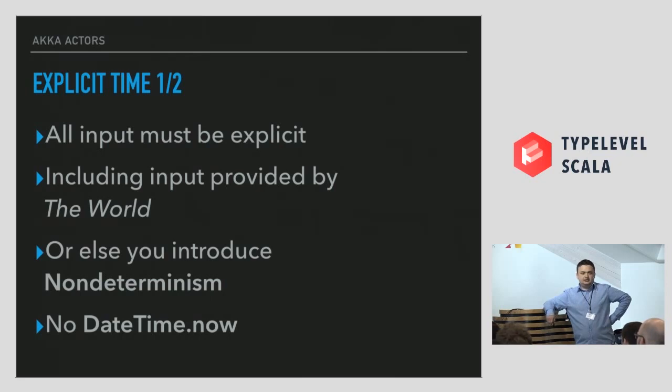In case we are doing a reading from a sensor of a power plant, we are going to attach a timestamp to it because information loses value the older it is. If it's fresh, then you can use it. If it's old, then you discard it. This is an example. You want to attach timestamps to your data, right? But sprinkling date time now all over the place means that your input is going to be implicit, and this introduces non-determinism, things that are hard to test.